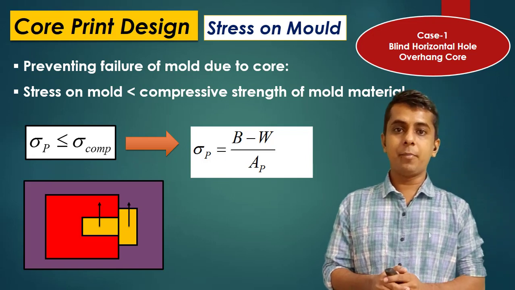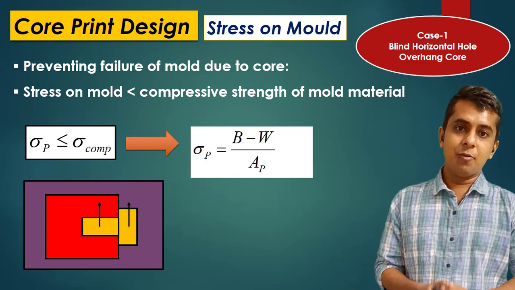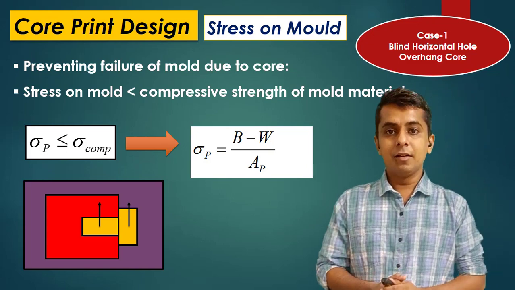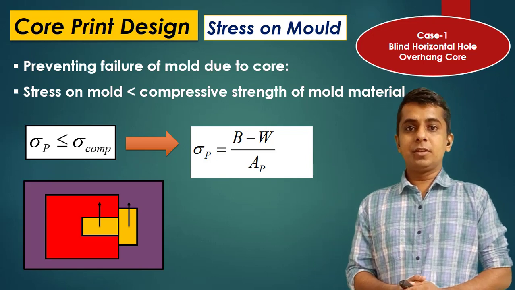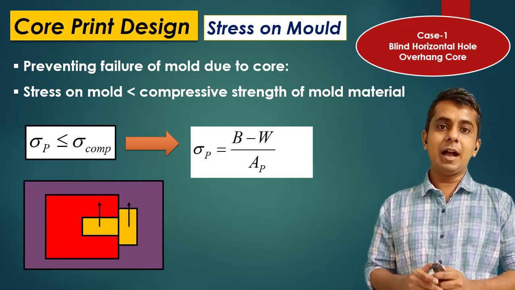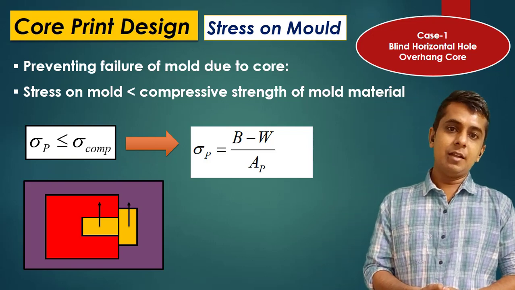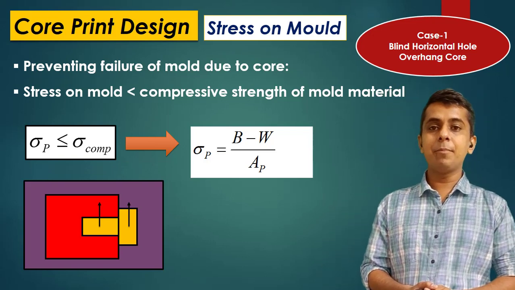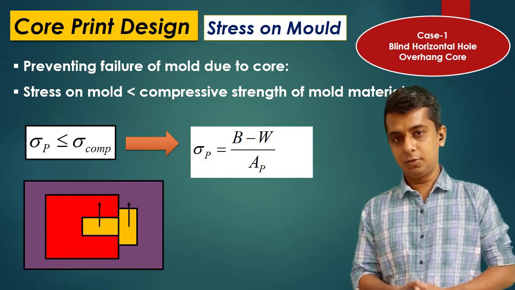One is the buoyancy force, in the upward direction, whereas the weight is in the downward direction. So the resultant force may be either upward or downward, depending on the type of metal and the weight of the core used.